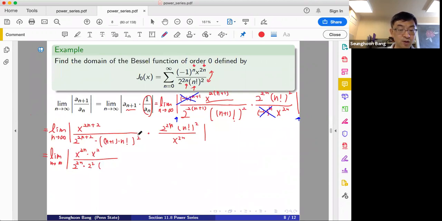On the bottom, distribute: (n plus 1) squared times n factorial squared, times the remaining terms, 2 to the 2n, n factorial squared over x to the 2n.